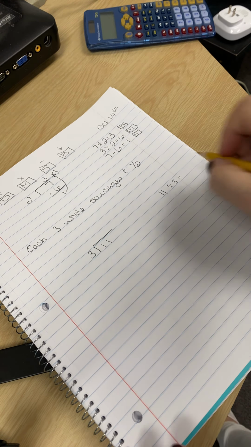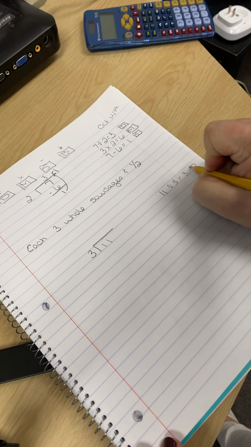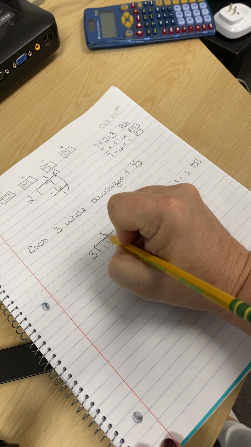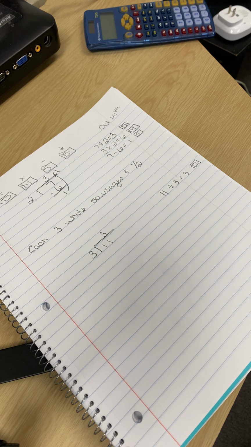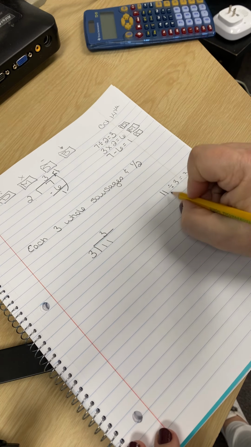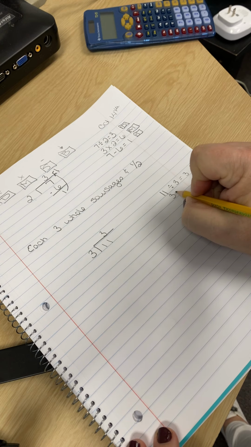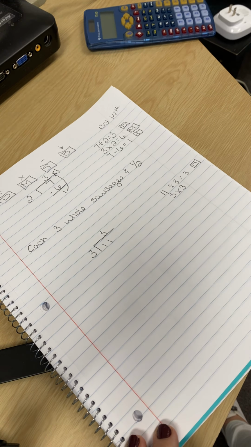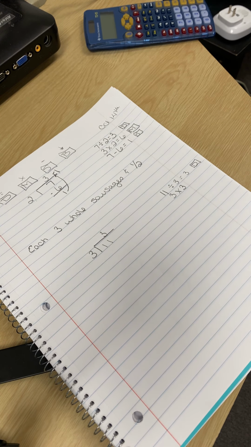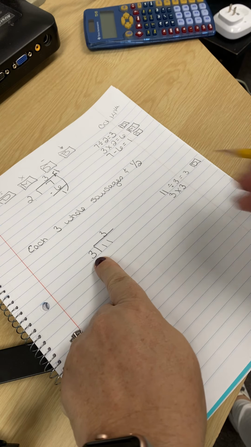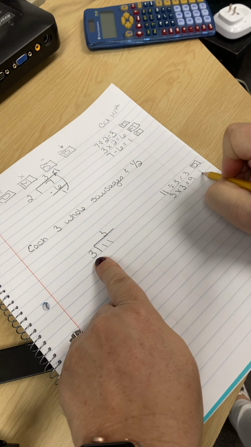So I'm going to stop at the third multiple, and I'm going to put the 3 on top. Now I want to find out what that number actually is on the third multiple. So I'm going to say 3 times 3, because I have the third multiple and I'm multiplying it by 3. So 3 times 3 is 9.